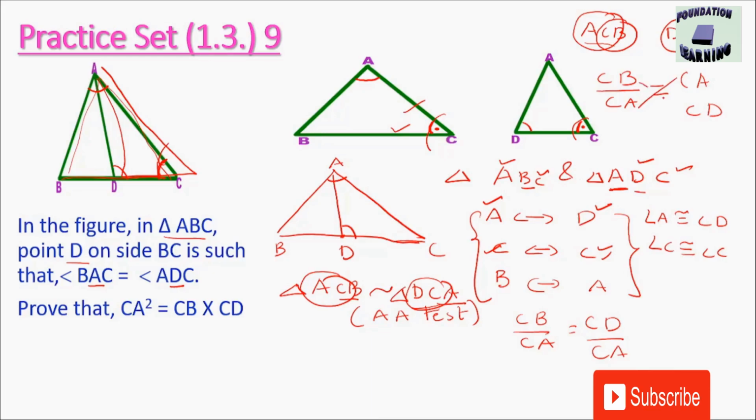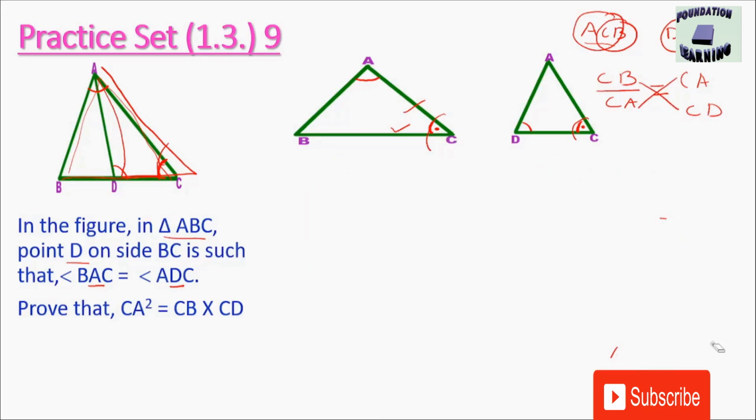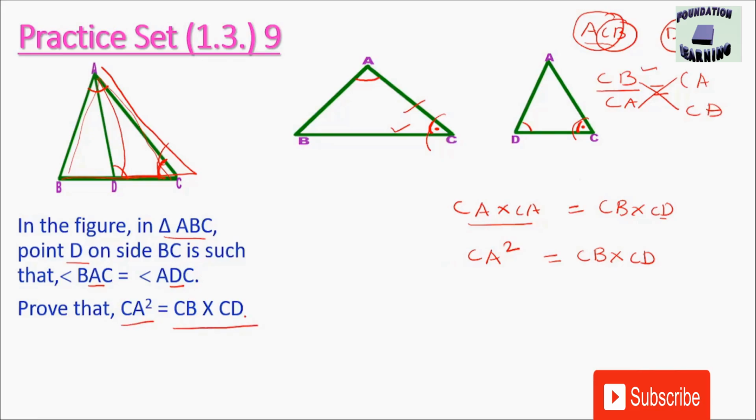We have to cross multiply. So CA into CA, and on the other side CB into CD. CA into CA will be CA squared, and CB into CD will remain the same. Okay, so we have proved what was required in the question. CA squared is equal to CB into CD.